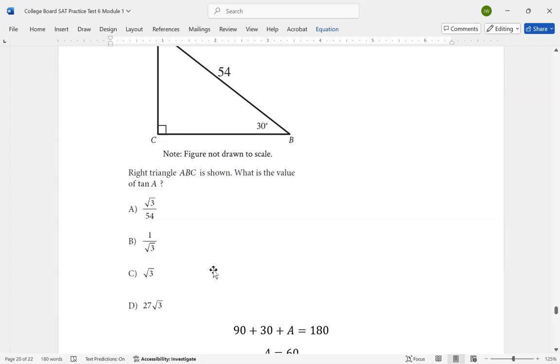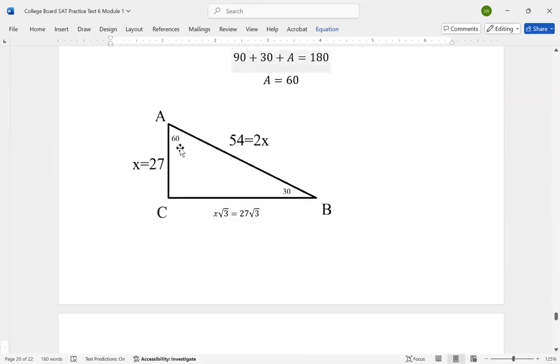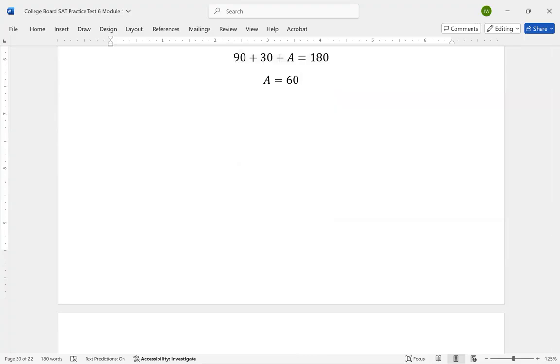Now, there is another way you could have figured that out too. If you know that the angle is 60 degrees, you could have also, at this stage, said, I know that angle A is 60 degrees, so I could have just input 60 degrees into the tangent function of my calculator, making sure that the calculator is in degree mode and not radian mode.